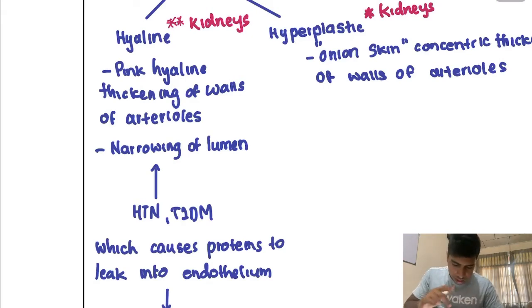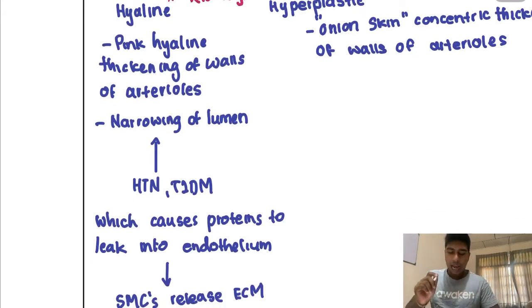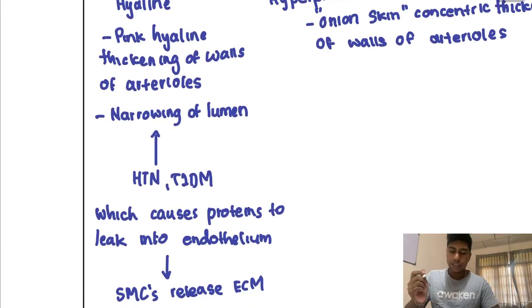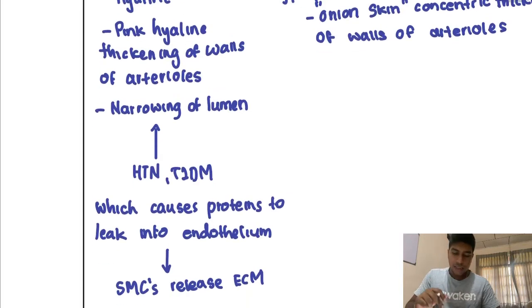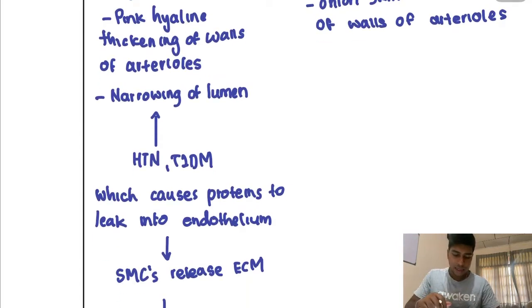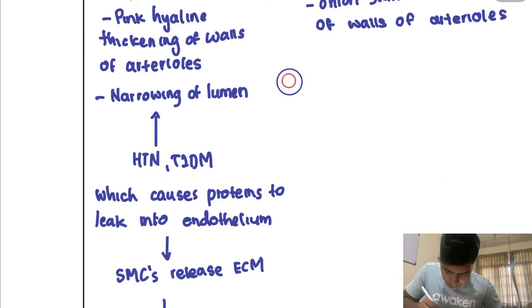So first, you will see pink hyaline. Hyaline is pinkish in color in H&E staining. Actually, it has a ground glass appearance, hyaline. So thickening of the walls of the arterioles can be seen. You can see that the walls of the arterioles are becoming thick.